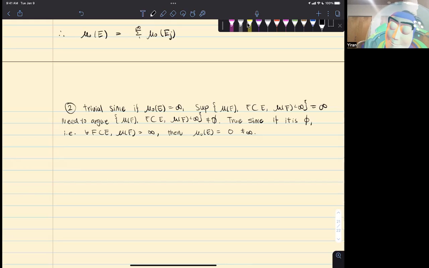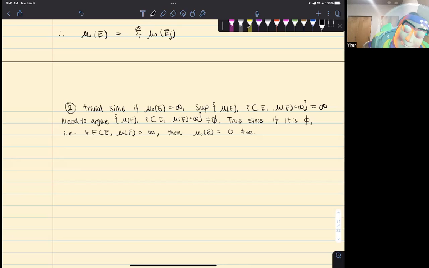So you suppose that all of the F in this set have measure 0. Then mu naught of E is equal to the supremum of 0, right? Which is equal to 0, which is not equal to infinity. Hence we're done.